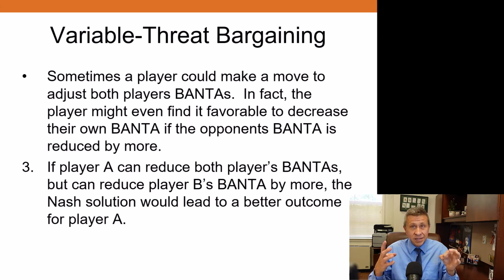A third insight we get from Nash's solution. Sometimes it might make sense to reduce your own alternatives to the negotiated agreement if it also reduces your opponent's, but it reduces your opponent's by more. So if there's a bargained outcome that seems very strong, it might make sense to do something that harms you, but harms your opponents more.